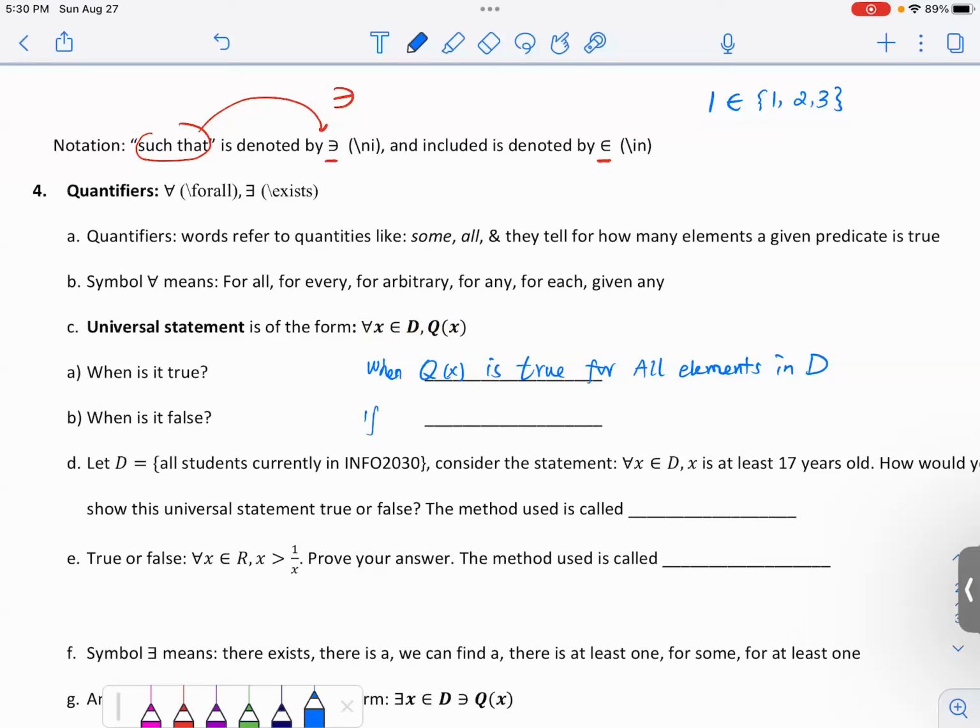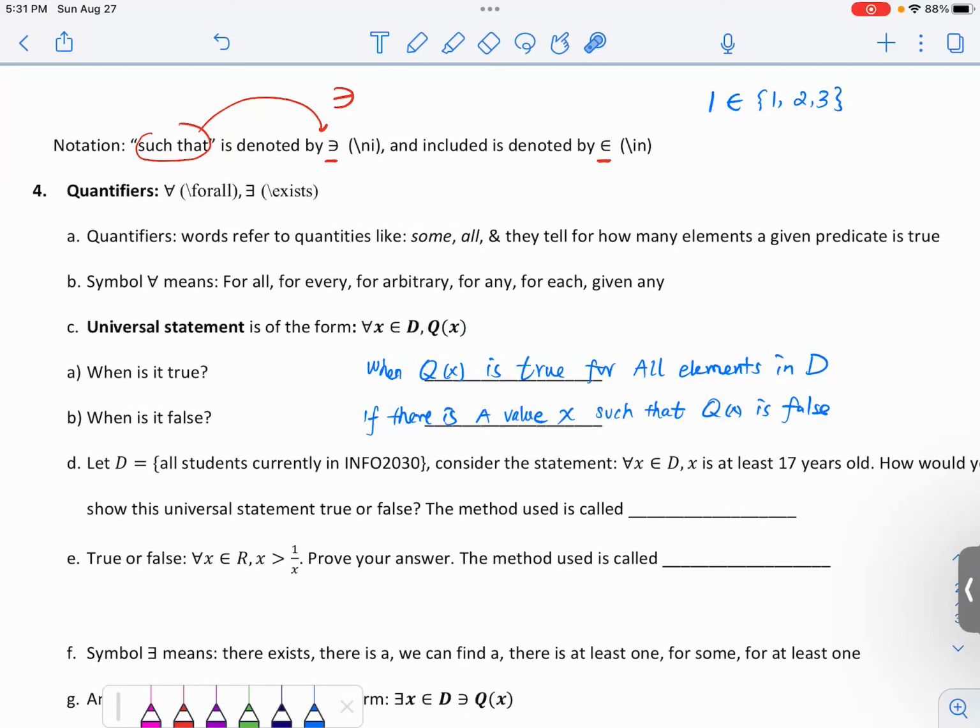So as long as you can find one value x such that Q of x is false, then you can say this universal statement is false.